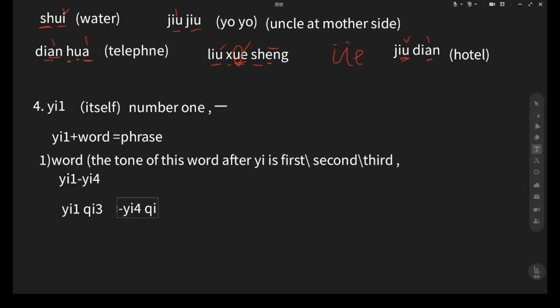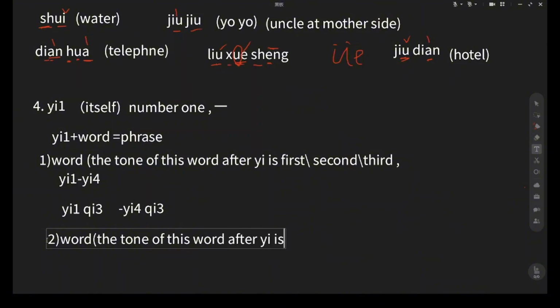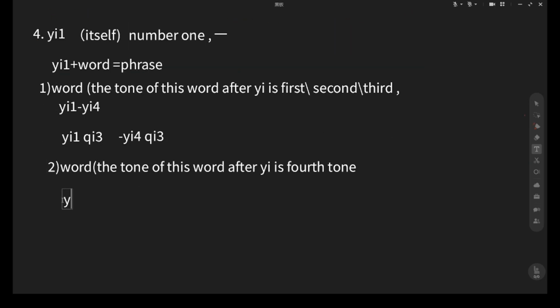Yīxià, okay? Got it? So, if the tone of the word after E is fourth tone, then this E we change to the second tone.